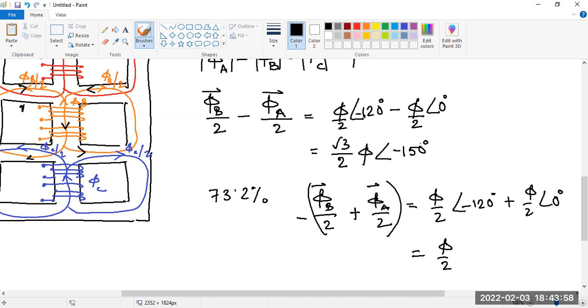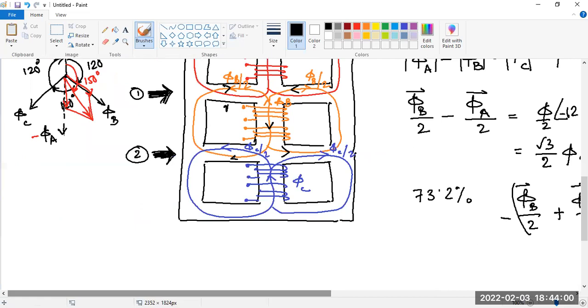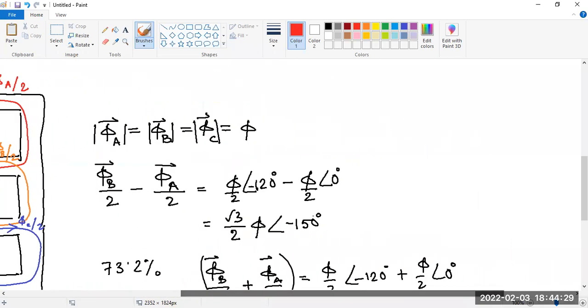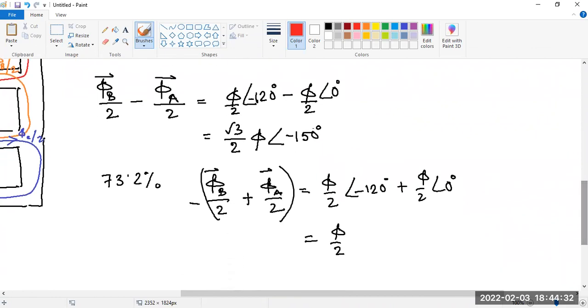You see, instead of this, we'll have this. It will be in the same phase, so then this will be the addition. And this will be 5 because it is 120 degree. So between phi A and phi B we have 120 degree. Previously, it was 60 degree. And here, what will be the angle quickly?